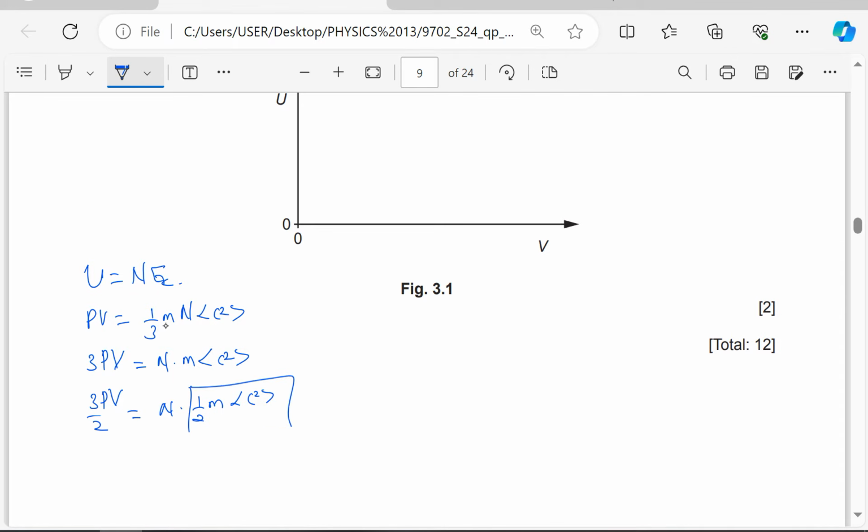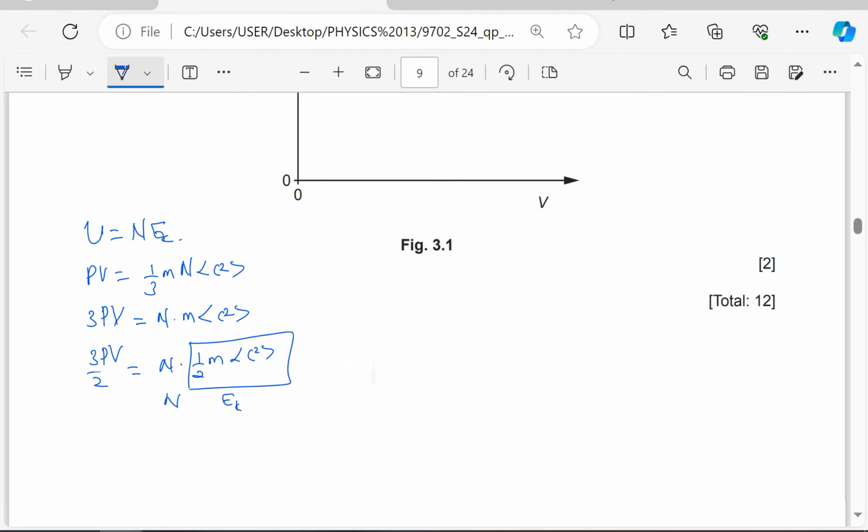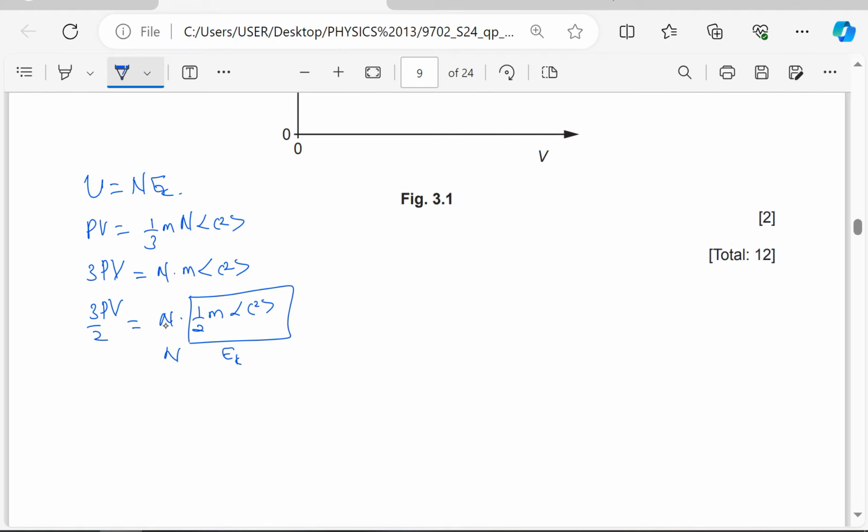I just wanted to show that this is EK and this is N. So it means internal energy is also equal to 3 over 2 PV, because internal energy was N times EK. And we're also seeing internal energy is 3 over 2 times PV. Remember, this is now going to be a constant. So it means internal energy is directly proportional to V, and this is going to be a perfect straight line.